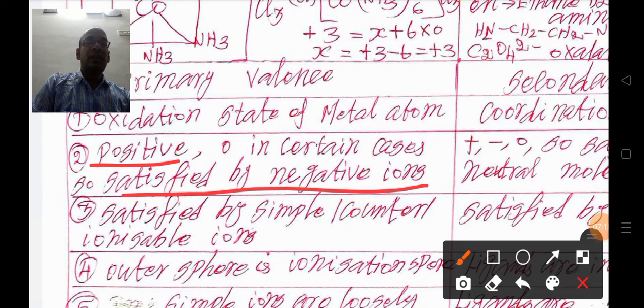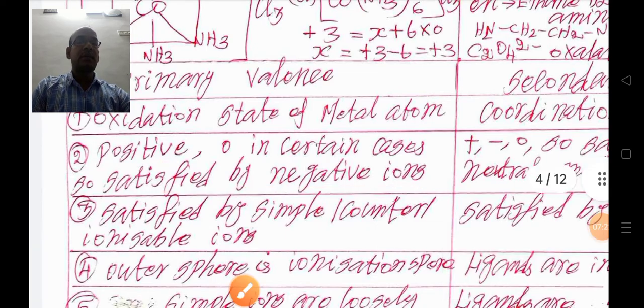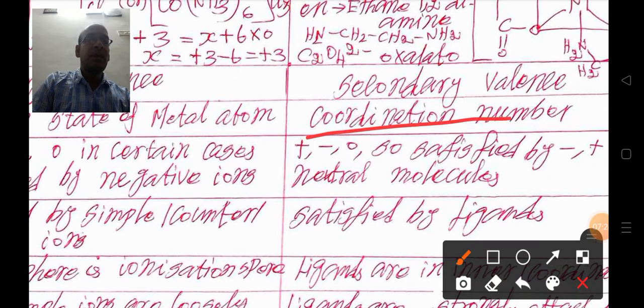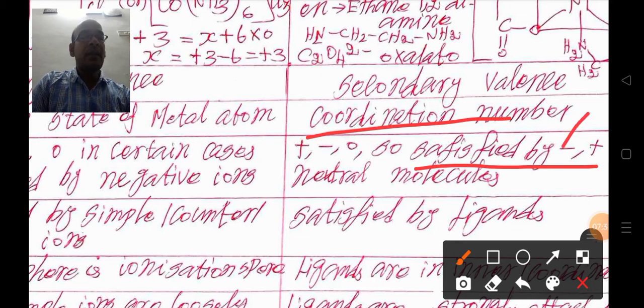The oxidation number is satisfied by the negative ion or positive ion or neutral molecule.